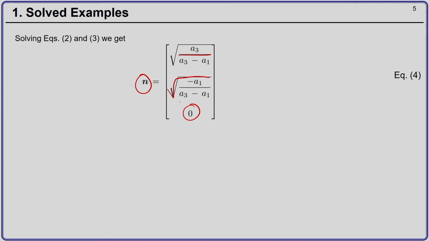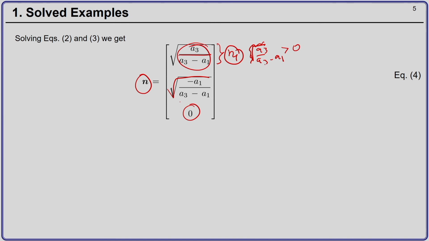Let us see the first component. Obviously, if this first component, which is equal to n1, has to exist, then the root of a3 upon a3 minus a1 has to exist, which means that a3 upon a3 minus a1 has to be greater than 0, otherwise you will have an imaginary value. That cannot happen.